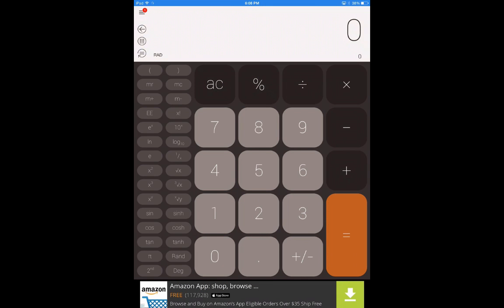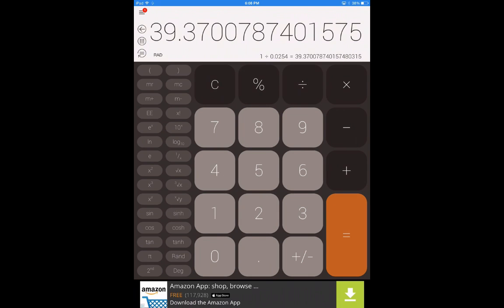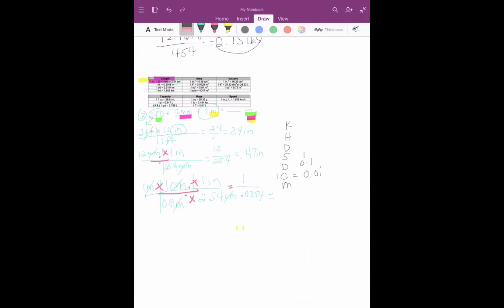When we plug that into the calculator, we have 1 divided by 0.0254 equals 39.37. So this is going to be equal to 39.37, and our units are inches.